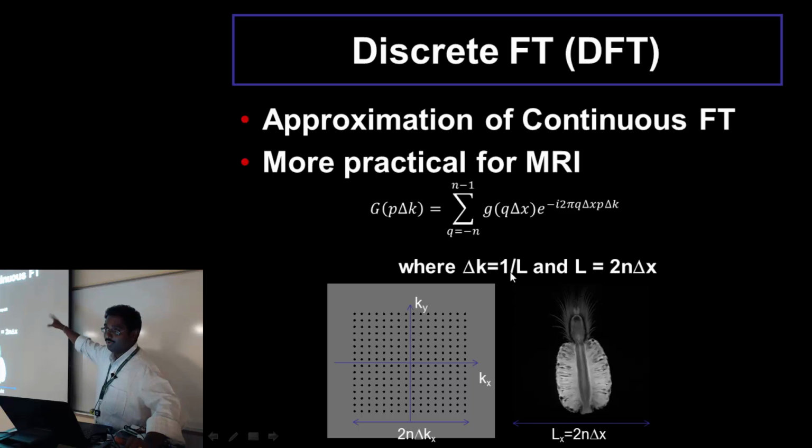Don't worry, we'll come to that, why it turns out to be this in the next couple of slides. By virtue of the discrete Fourier transformation and windowing, the delta x is basically the field of view divided by the number of samples that you acquired, which is your reconstructed voxel size. We will come to how the delta x size is determined, or how L relates to delta k.